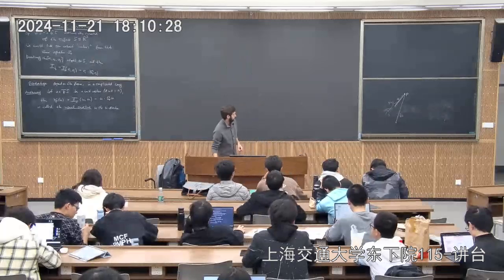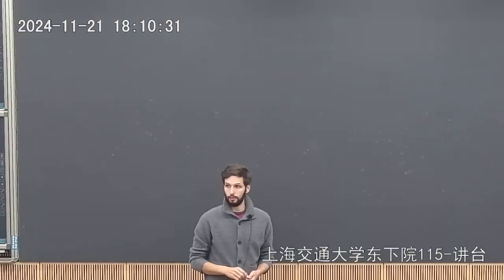So u was completely arbitrary, so that can be an arbitrary unit vector.